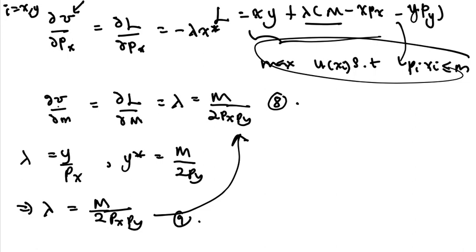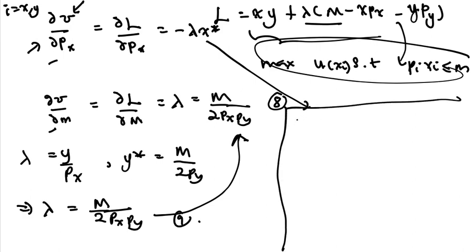Now, we have done the indirect utility function with respect to income. We can do this for price also. So we get this. All right. Now, from here, let me write it here again. Delta V over delta px equals delta L over delta px, which is minus lambda x star.